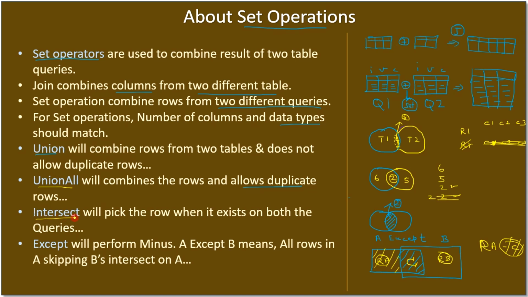Intersect records, which are common for both the queries, will be taken. Except will perform the minus operation. A except B means take records that belong to query A. B except A means take records that are specific to B.